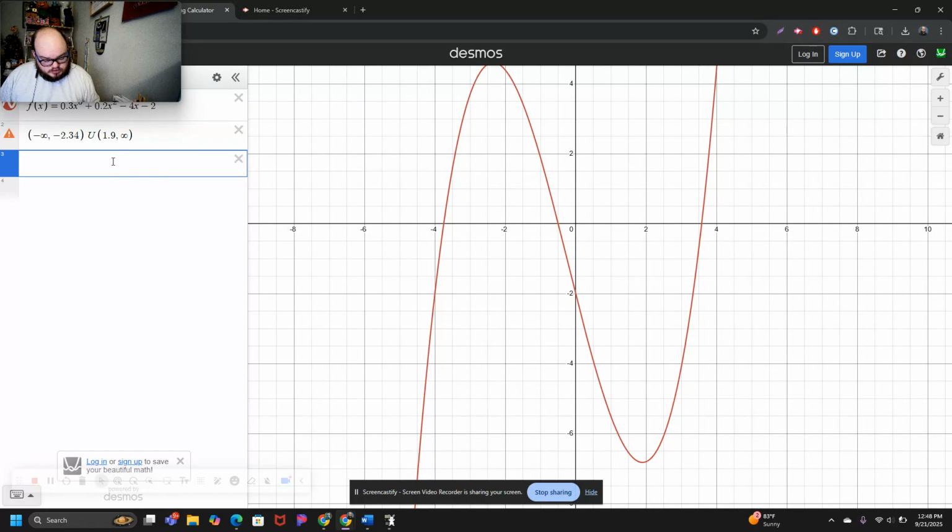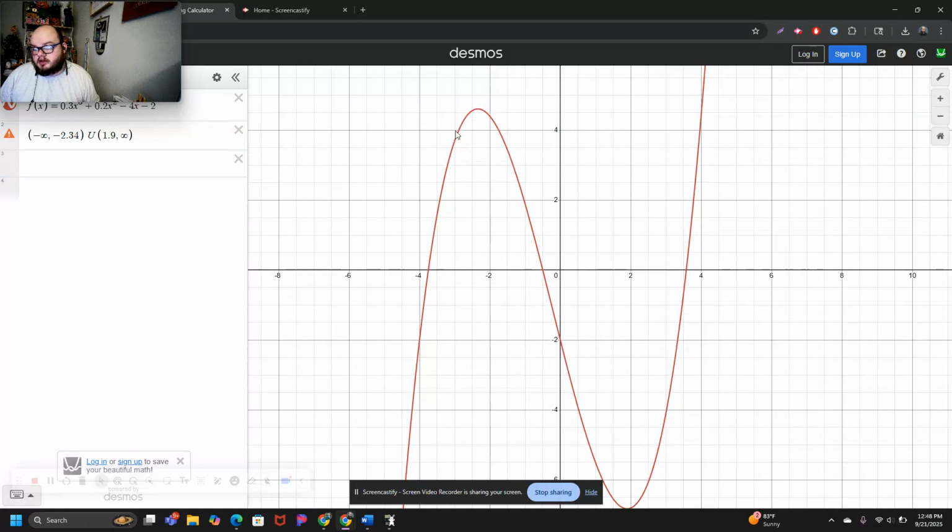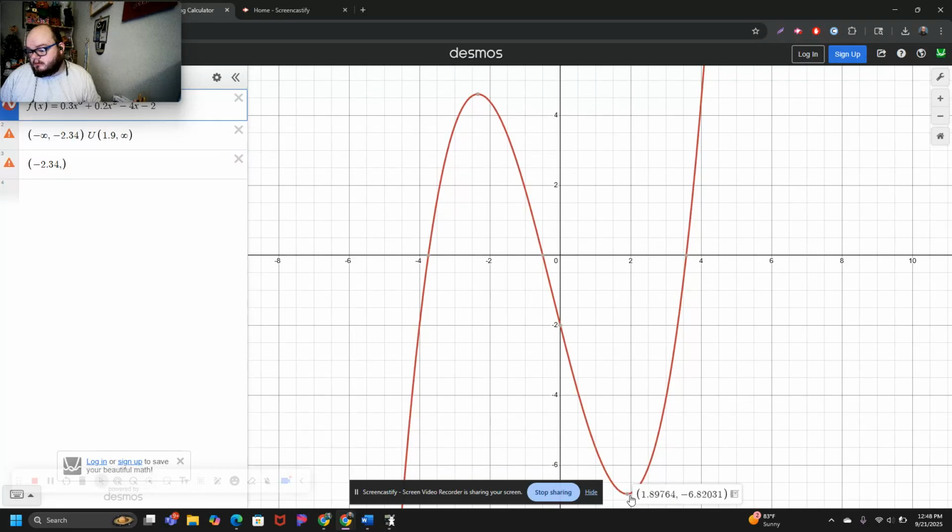Now the set of values where it's decreasing. Well, we said that it started decreasing at what? -2.34. And it stopped at what? 1.90, or 1.9 we said. Okay.